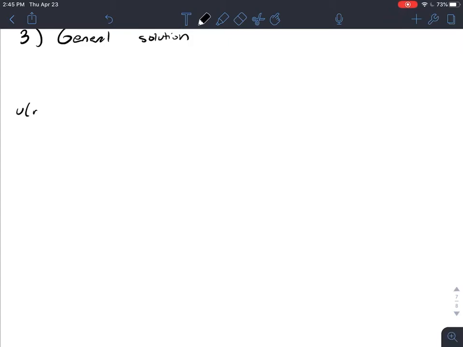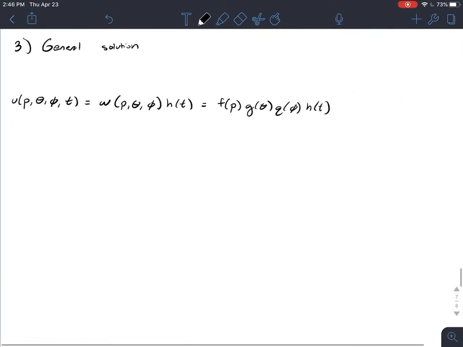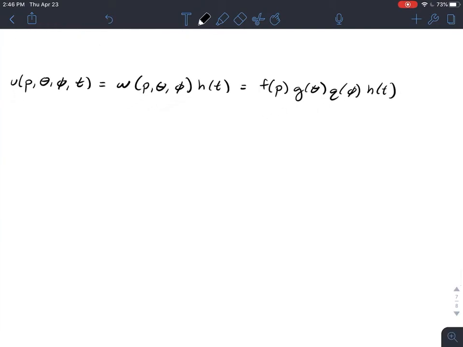Remember that we define u of rho, theta, phi, t to be equal to f of rho, g of theta, q of phi, and then h of time. Yeah, it's really long, so we're going to put everything together now.